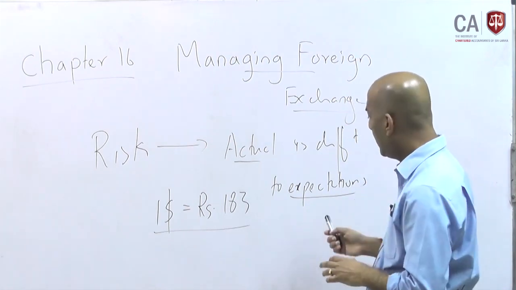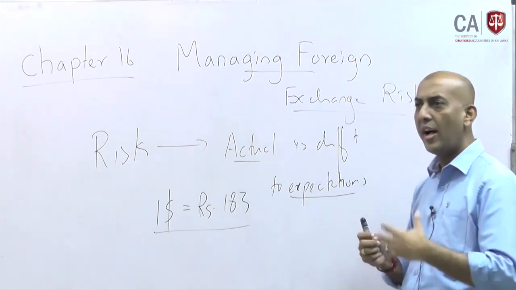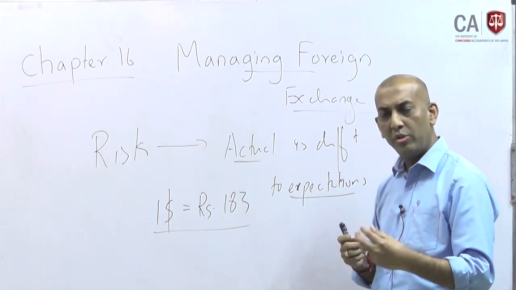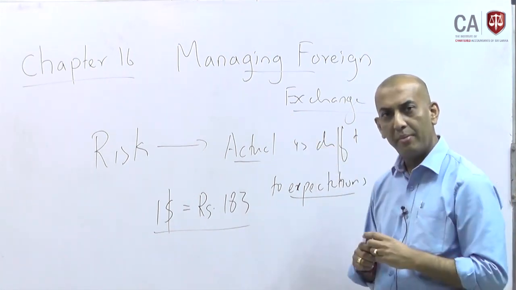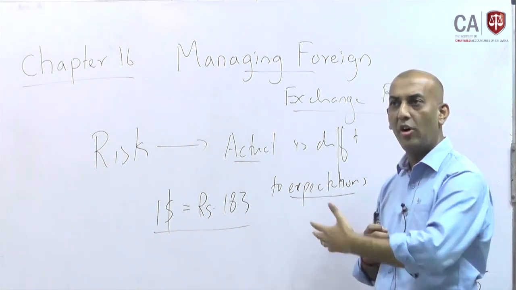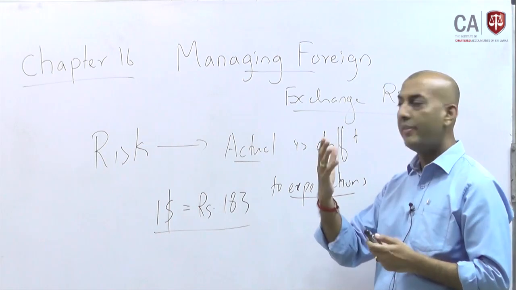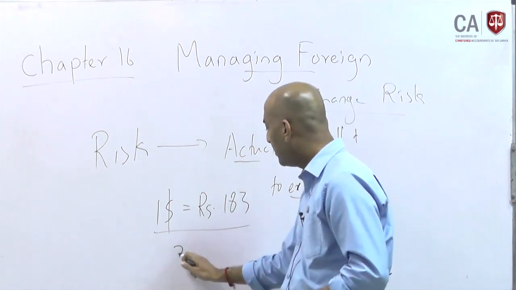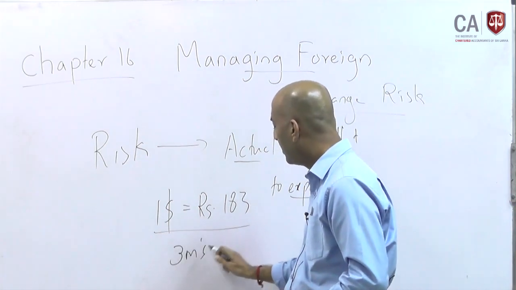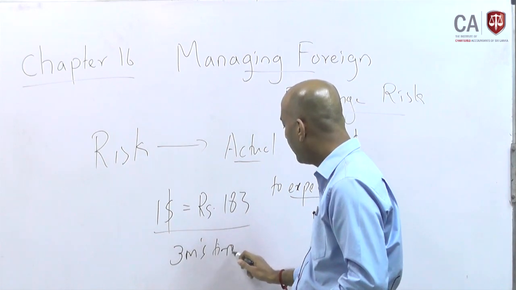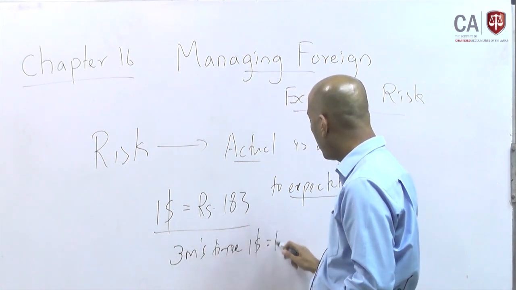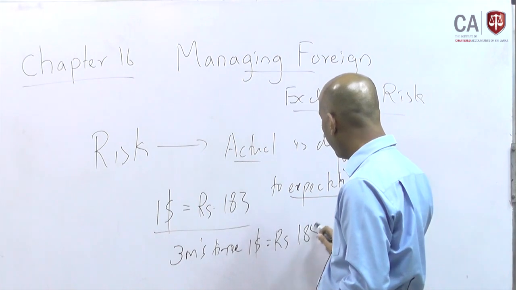But each and every company wants to know exactly what the rate is going to be. From the banking circle or the market situation, you would be able to say that in 3 months' time, $1 could be equal to 185.